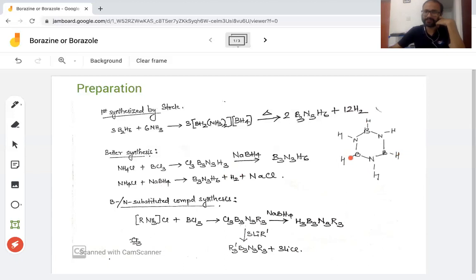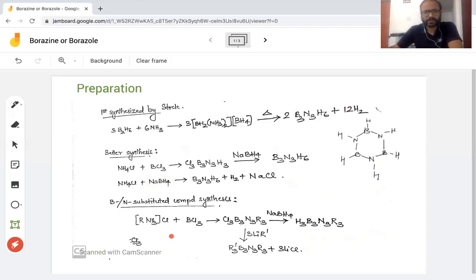So you can make boron substituted Borazine by treatment at this stage with an organometallic reagent. You can also obtain pure Borazine directly by reduction of ammonium chloride using sodium borohydride.